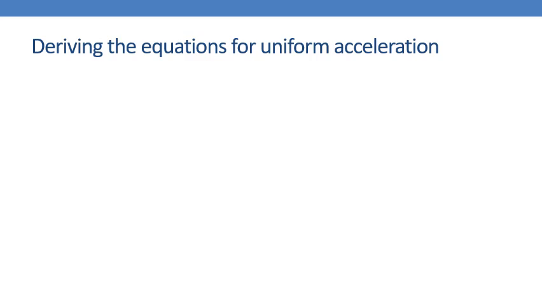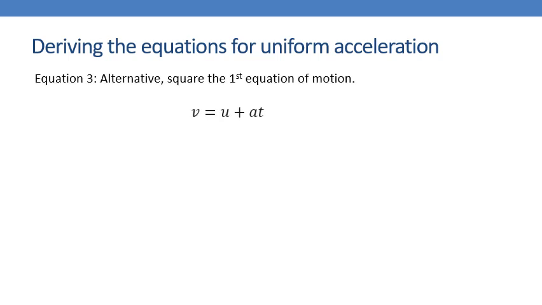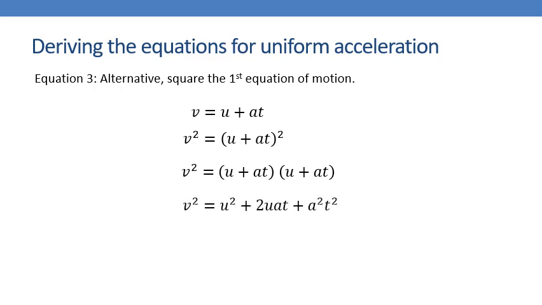So let's look at the alternative way for the third equation of motion. Personally, I find this one a little bit more straightforward, but they're very similar. This time we start with the first equation of motion, v equals u plus at, then we square that. Remembering that if we write it out like this, we get all the parts squared. Okay, then we're going to do some factorizing.